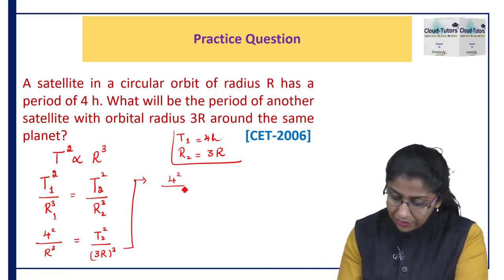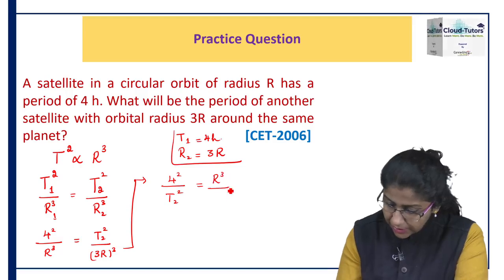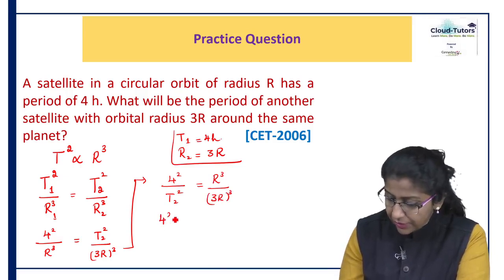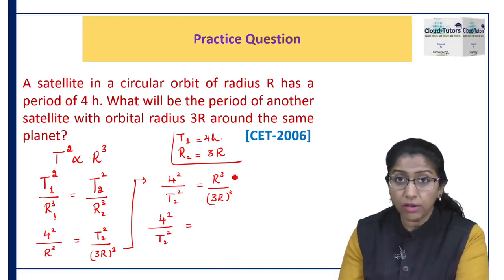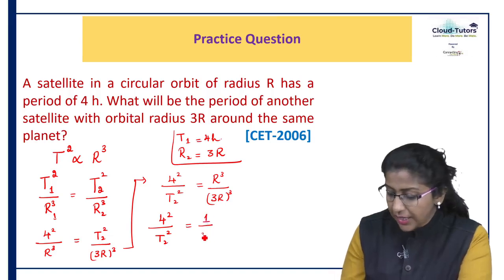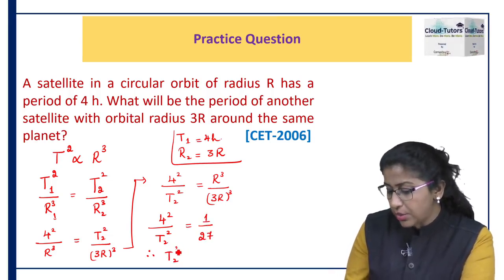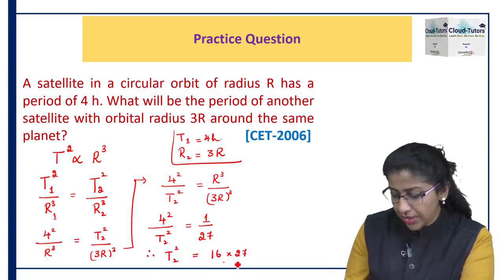So 4 square divided by T2 square is equal to R cube divided by 3R the whole cube. So what do I get? 4 square divided by T2 square is equal to, R cube and R cube get cancelled, 1 divided by 27. Therefore, T2 square is equal to 16 into 27, right?